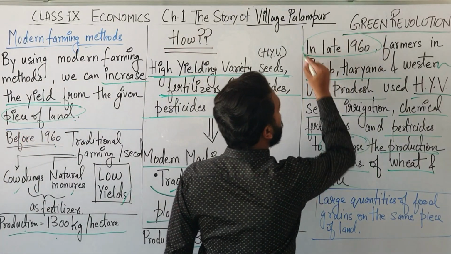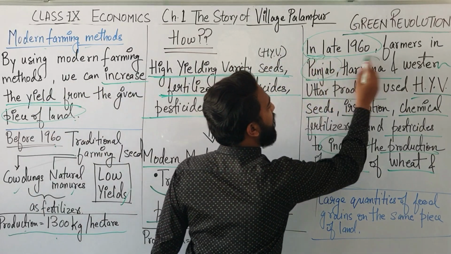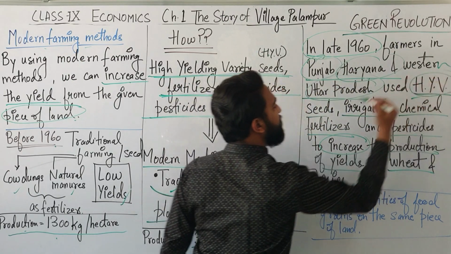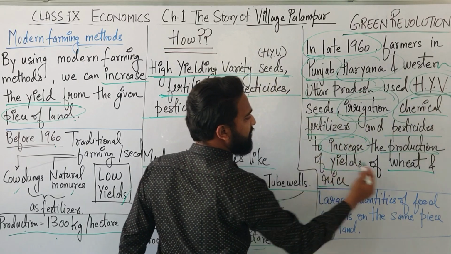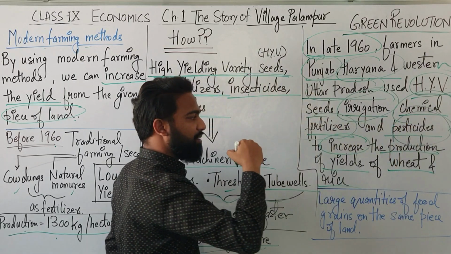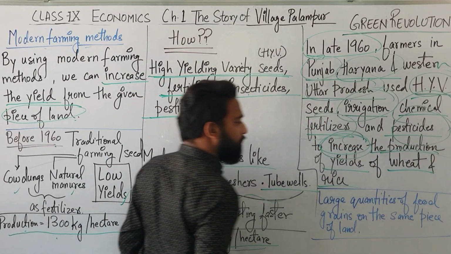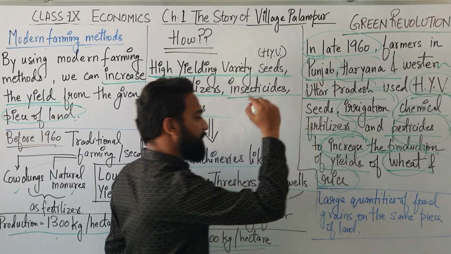In the late 1960s, farmers in Punjab, Haryana and Uttar Pradesh used what? They used HYV seeds, irrigation facilities, chemical fertilizers and pesticides, to increase the production of which crop? Of wheat and rice.